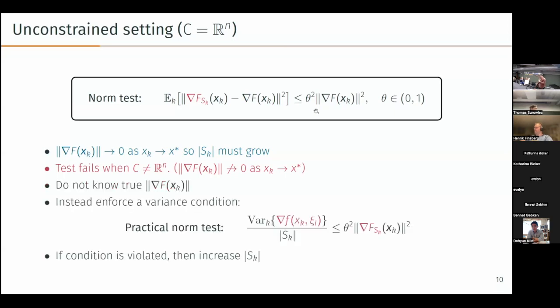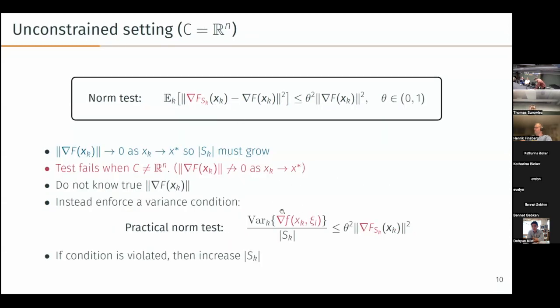Okay, a second thing I want to point out before I show you how to solve this issue or how to generalize this properly is that you don't actually have access to a lot of things that appear in this test. So for instance, you don't actually have access to the gradient of f, okay? If you did, then why would you even compute f sub S_k?